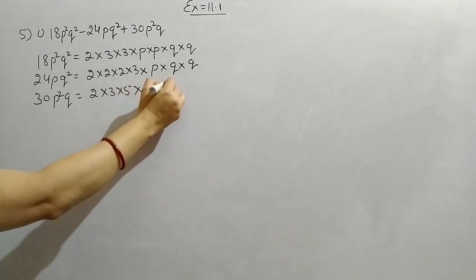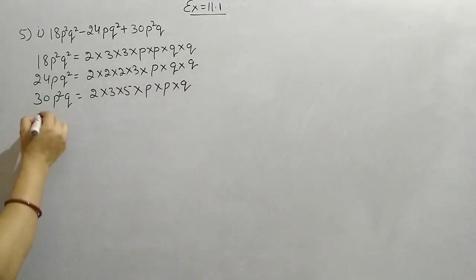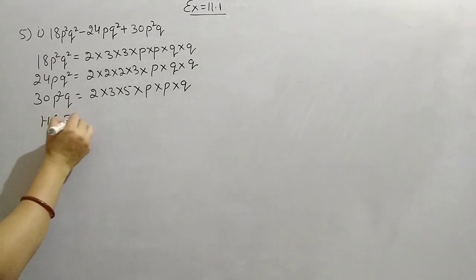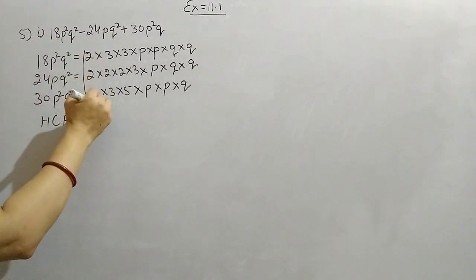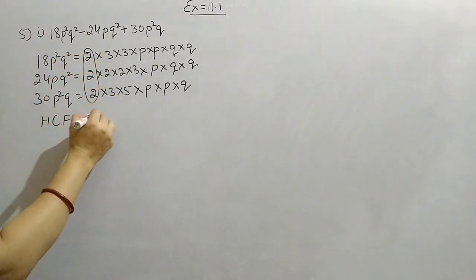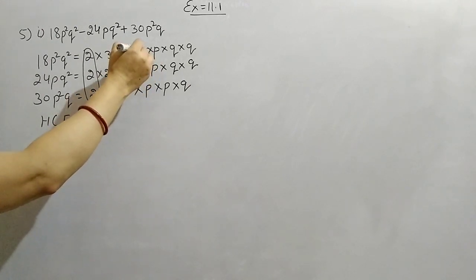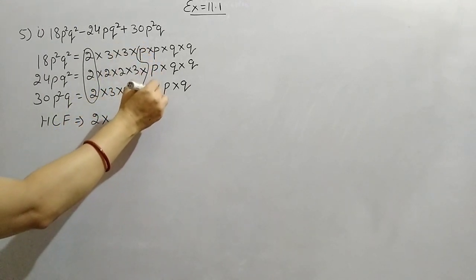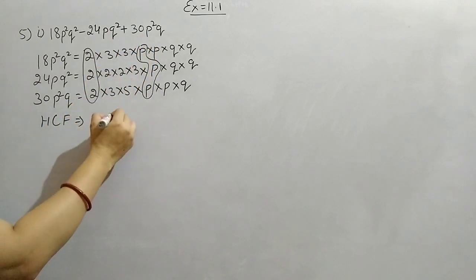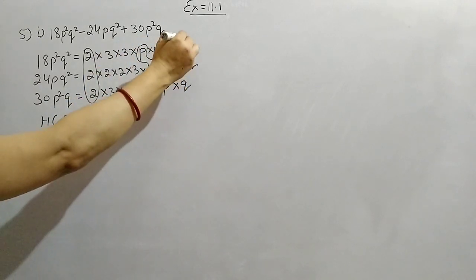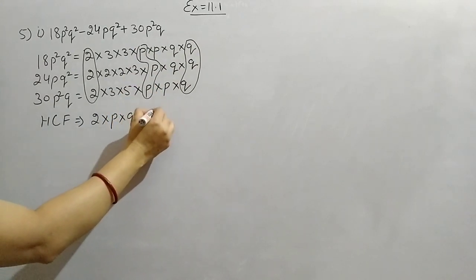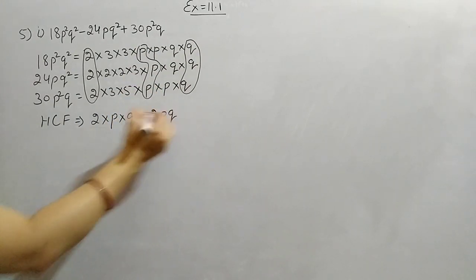Then we have to take the HCF. You can see 2 is common in all the three terms, and p is common, and q is common. So the HCF here is 2pq.